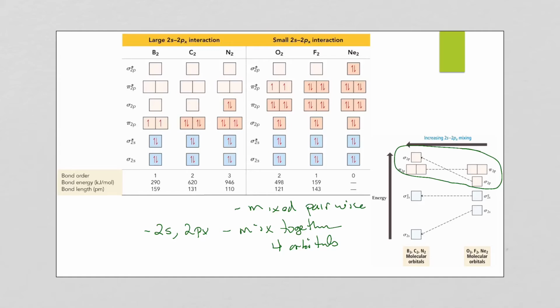Well, it really comes from the energy of the atomic orbitals.